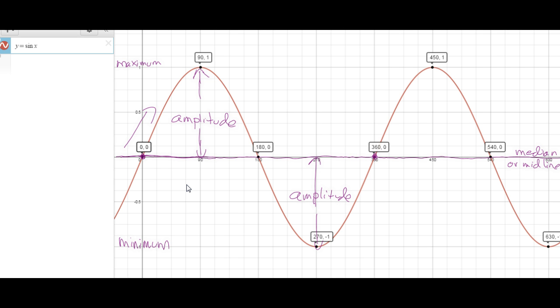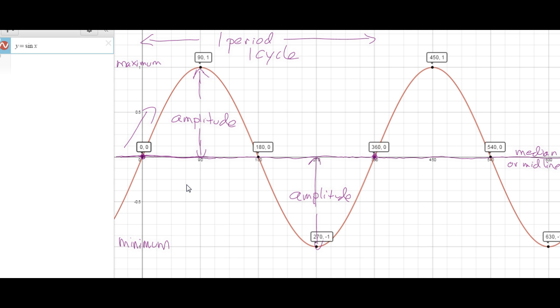So this is one period, or one cycle. The graph has gone through a full cycle: it started at the middle, went to the maximum, back to the middle, down to the minimum, back to the middle. That's one cycle or one period.